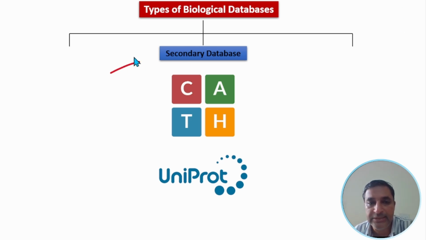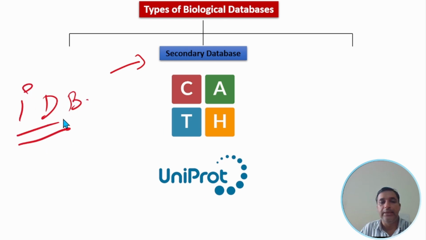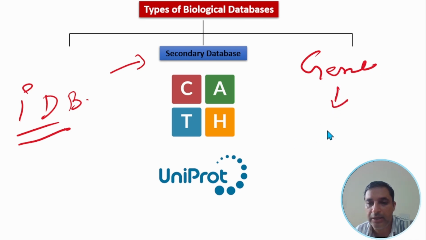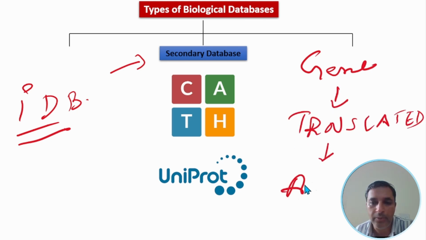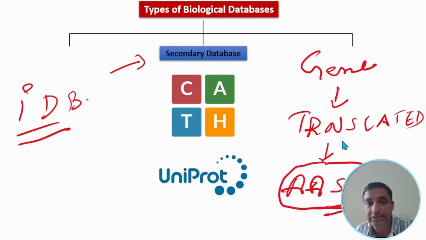Secondary databases contain information which is derived from a primary database. Like, you have gene sequences and they are translated to form amino acid sequences. This translated amino acid sequence will form a secondary database.